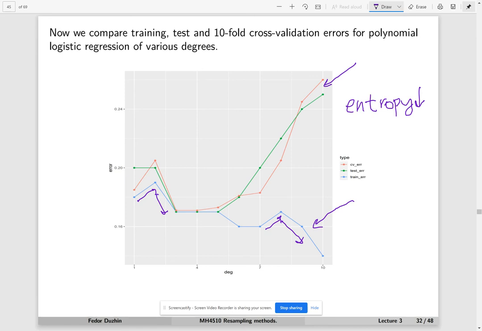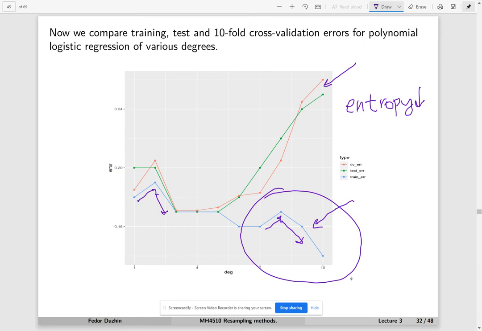So the other thing is that when we fit a logistic regression, we do it by gradient descent, right? Whereas when we fit a linear regression, we just do it by directly solving the equations. So for a linear regression, we just have a closed form solution. But for a logistic regression, we do gradient descent. And in particular, when we have too many predictors, and notice that the number of predictors here goes up quadratically.